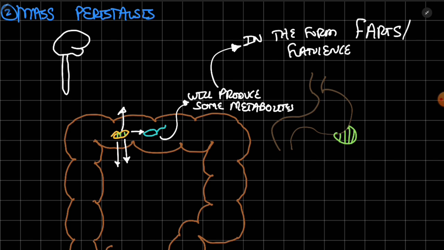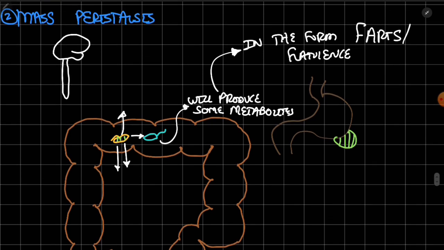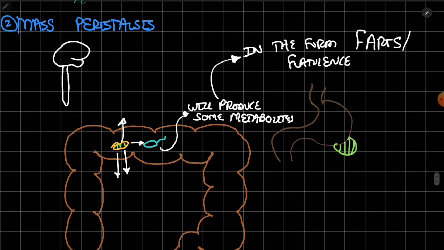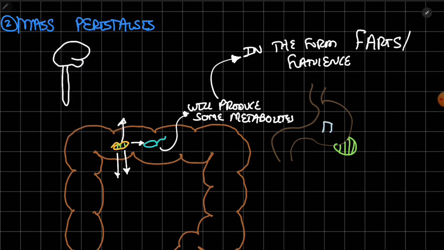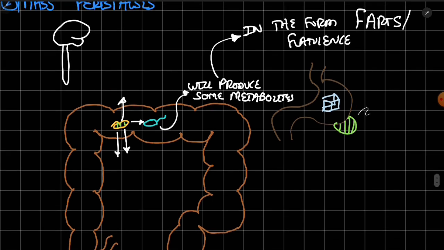So now mass peristalsis. What is mass peristalsis? We hadn't come to mass peristalsis yet. As we know, when there is food in the stomach, for example our paneer, there are some cells, the G cells in the stomach.